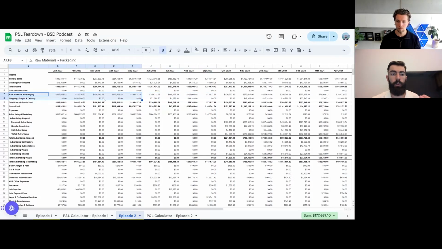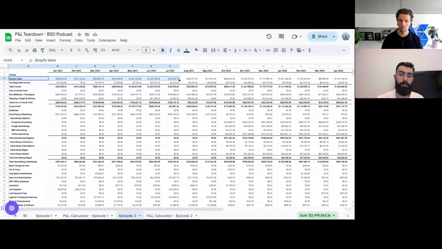And again, something that is missing as well is the transaction fees. And that's because they're following cash basis. So cash basis is we'll deposit money after transaction fees are deducted. So Shopify will take their cut and then deposit funds. And when you follow cash basis, you won't know how much Shopify is taking. And when it comes to other payment processors, PayPal, Affirm, Klarna, Afterpay, whatever it is, they also take a cut and then deposit funds.